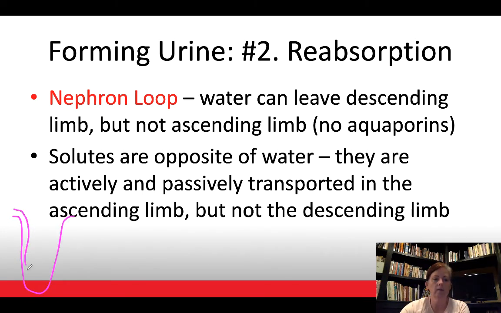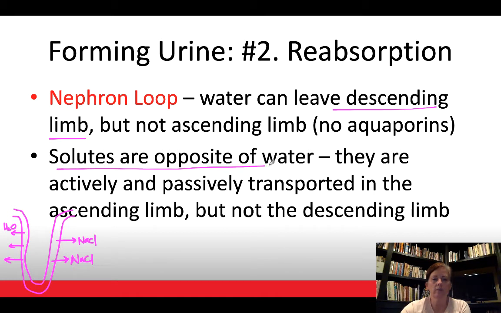We have aquaporins in the descending limb, so water can leave the nephron loop in the descending limb because aquaporins are present, but there are no aquaporins in the ascending limb. So sodium chloride is going to be one of our major players here in the ascending limb. Sodium chloride is going to be reabsorbed.